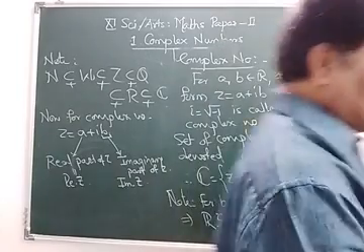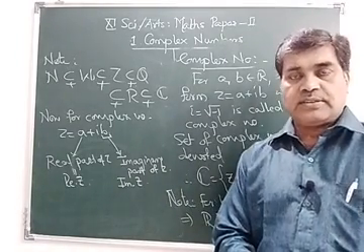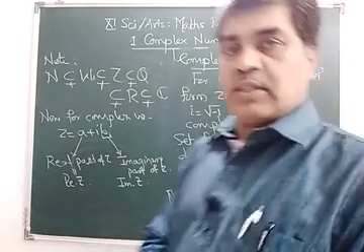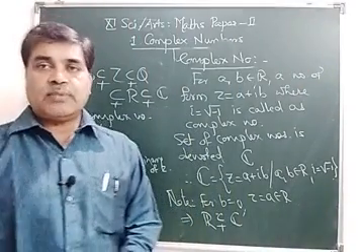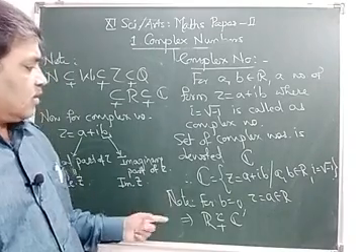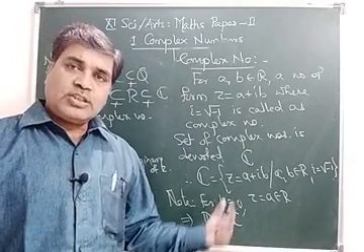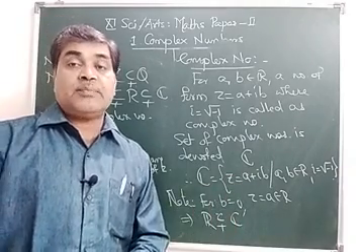Then in a number system, you know how to add two numbers, subtract two numbers, multiply two numbers, divide one number by another. As for complex numbers, A and B are real numbers, and addition and multiplication for real numbers are defined.